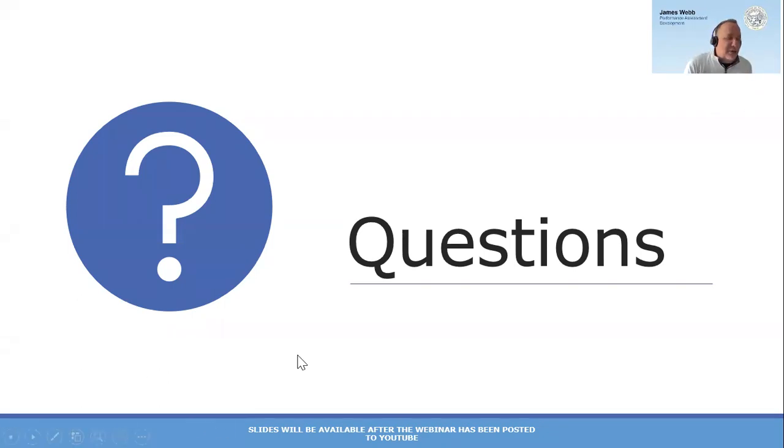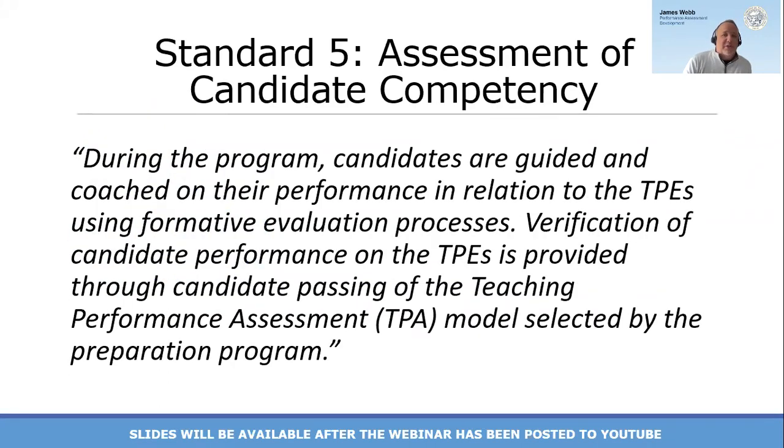Okay. I will continue. And again, Heather, as those questions come in, please let me know. So what I want to talk about now is Standard 5. And Standard 5, again, is the assessment of candidate competency in the education specialist program standards.